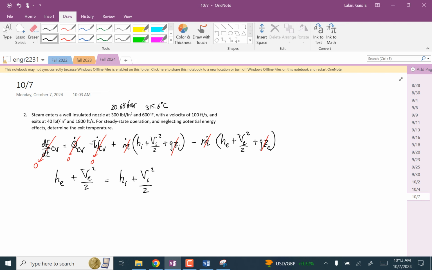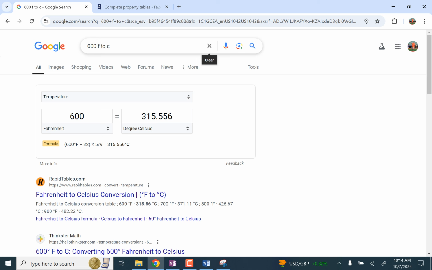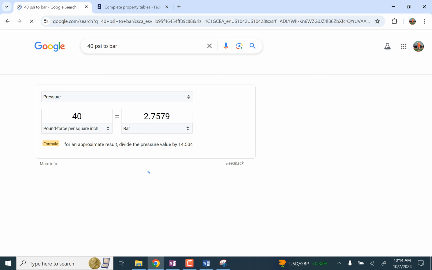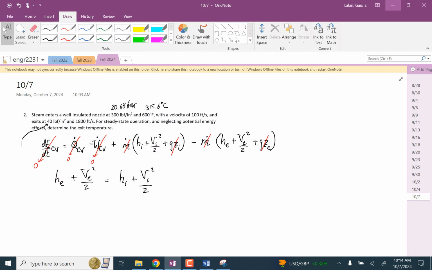We'll worry about those in a second. And then 40 PSI is 2.76 bar.